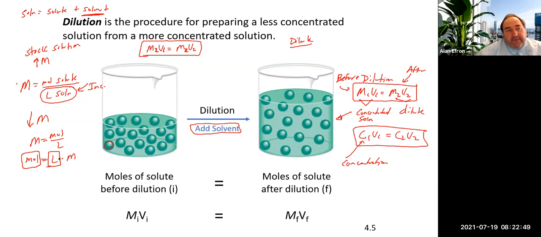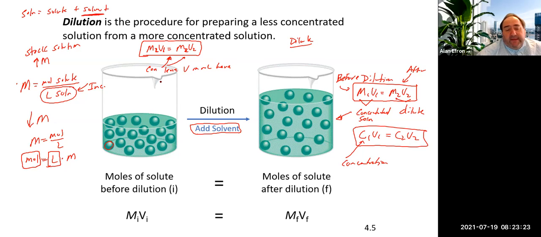So in a standalone problem that's not a dilution, you should always convert the volume into liters. One place where you do not necessarily need to do that is in using this equation. You can leave the volume in milliliters here, on both sides, and it will work out okay.